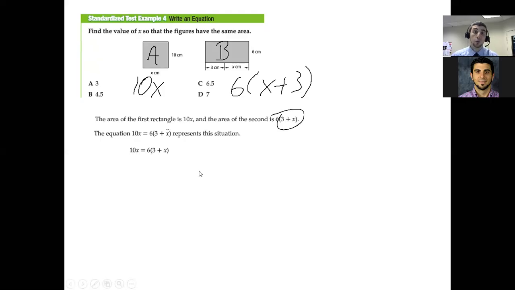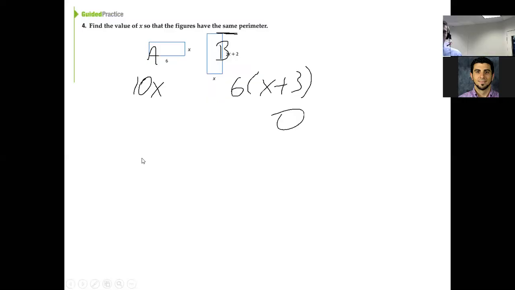So what you want to do is set those equal to each other and then try to solve for x, because this represents the area of rectangle A, and this represents the area of rectangle B. I want them to be the same, so I set them equal to each other. Remember, same area, that's a phrase that indicates equality, so you want to set them equal.